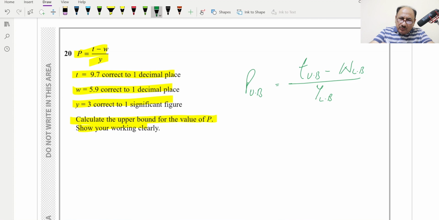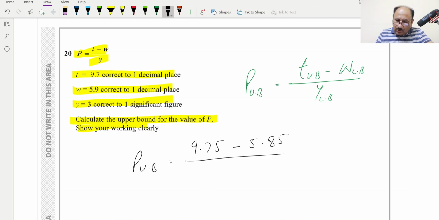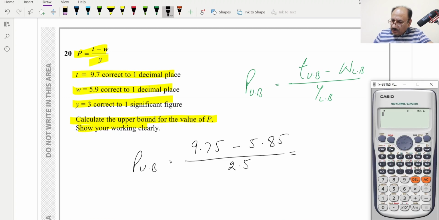Now we can replace the values. The p upper bound will be equal to the upper bound of t, which is 9.75, minus the lower bound of w, which is 5.85, divided by the lower bound of y, which is 2.5. We calculate this with the help of a calculator.